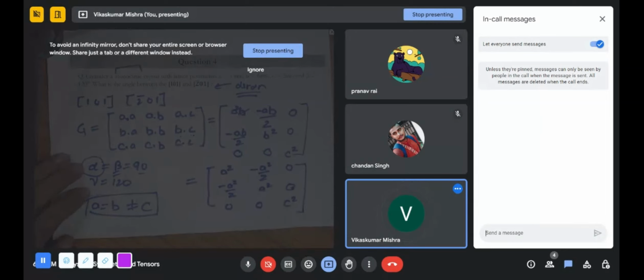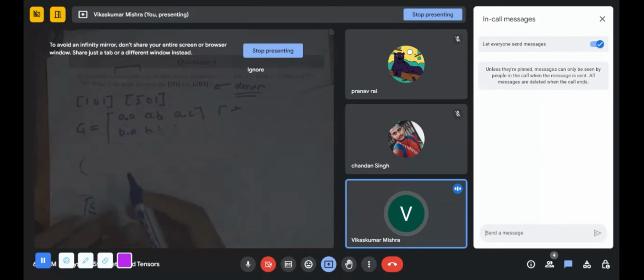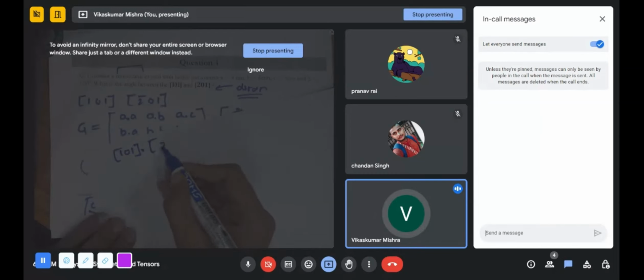But let's move ahead and see what we need to find. Actually, we need to find the angle between the 101 direction and the 2 bar 01 direction.